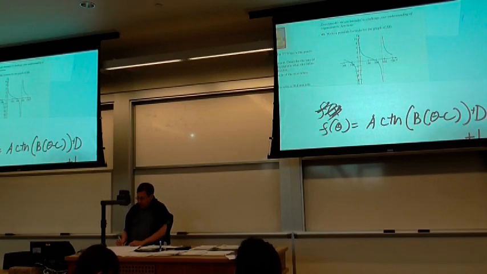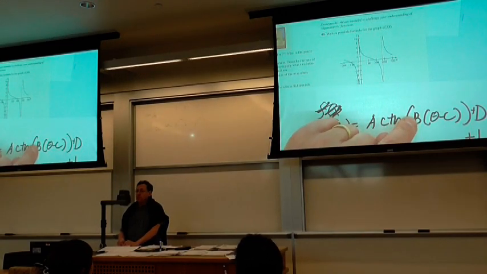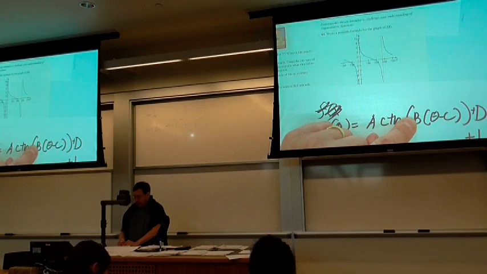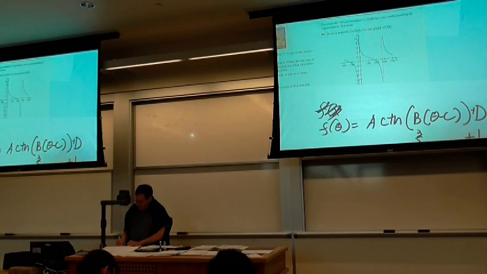So instead of the period being 2 pi, if B is 1, it's 3 pi, which means B has to be 1.5. Less than or greater than 1? Less. It should be a fraction. And what fraction turns 2 pi into 3 pi? Maybe 3 halves. So now we know my B is 3 halves, right?